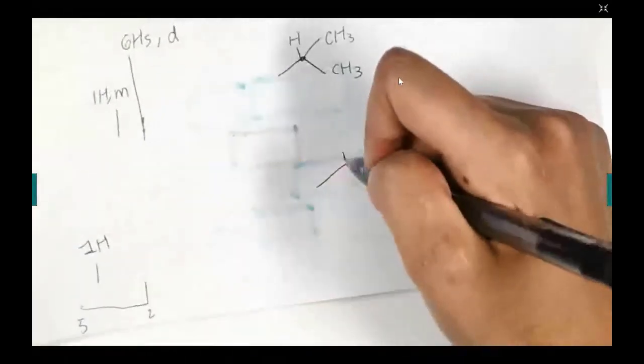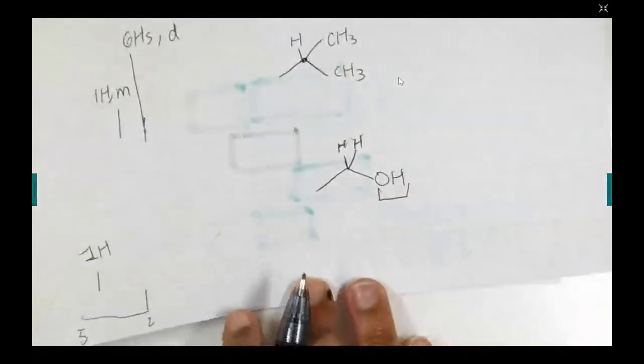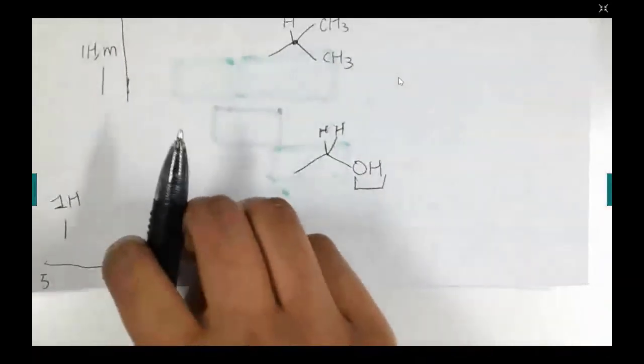So somewhere between 2 and 5. You might anticipate that you're going to have a triplet, because it's got 2 adjacent hydrogens, right?